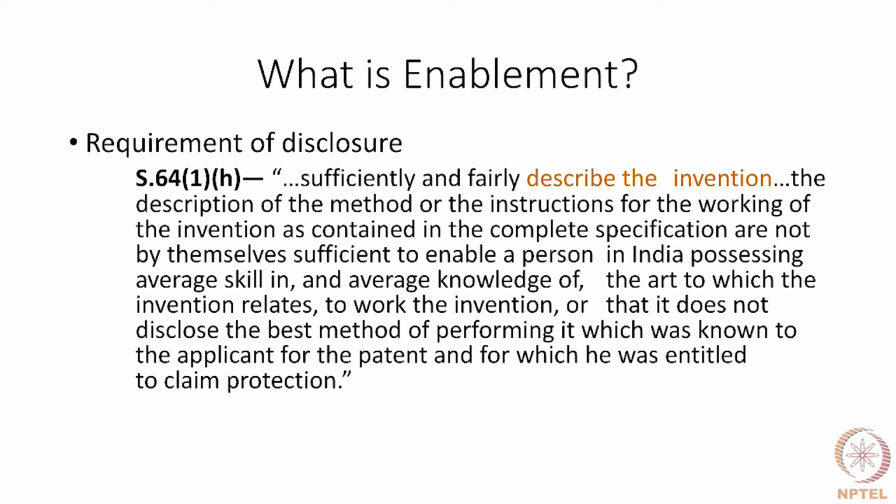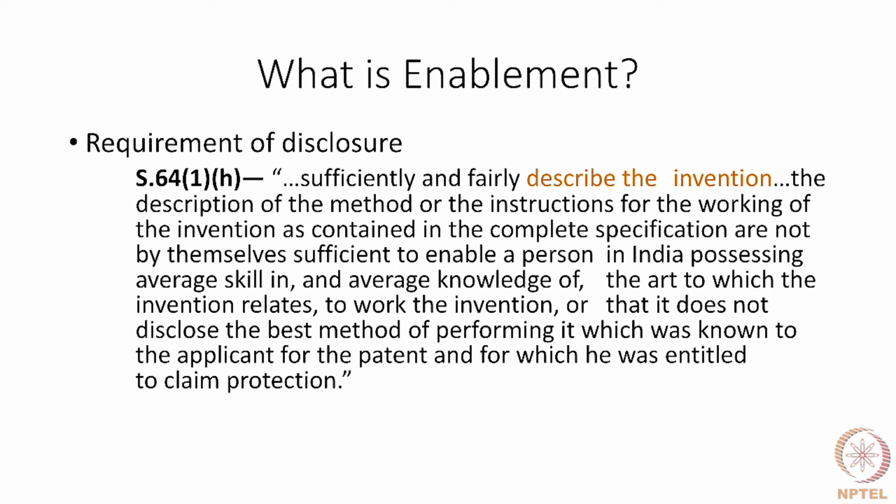A complete specification can be revoked if it does not sufficiently and fairly describe the invention. So it's put in a negative language. I've just quoted the relevant part. That is to say, that it continues, the description of the method or the instructions for the working of the invention as contained in the complete specification are not by themselves sufficient to enable a person in India, the person has to be in India, possessing average skill in and average knowledge of the art.